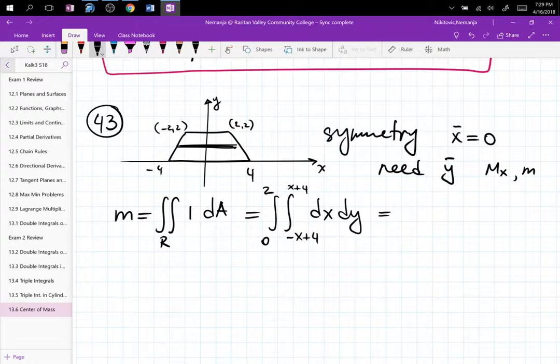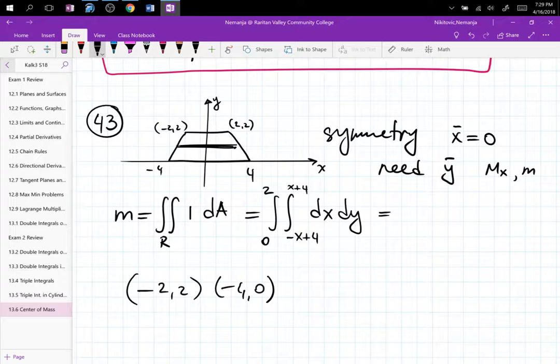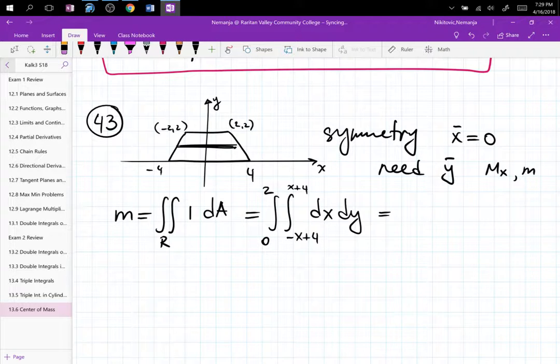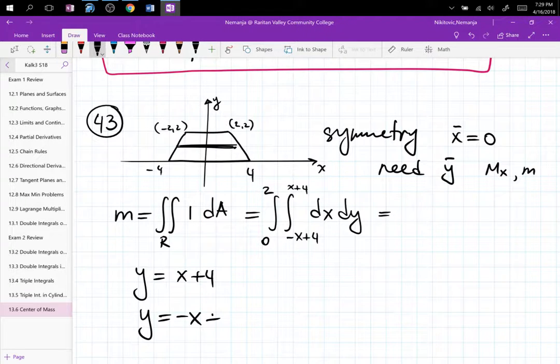If you are not happy with the way I determined those functions, you have your algebra. You have a negative 2, 2, you have a negative 4, 0. The right is minus x plus 4. Oh wait, I have to change them into y's. This is wrong. That's why I wrote them on the side, and I forgot to flip them.